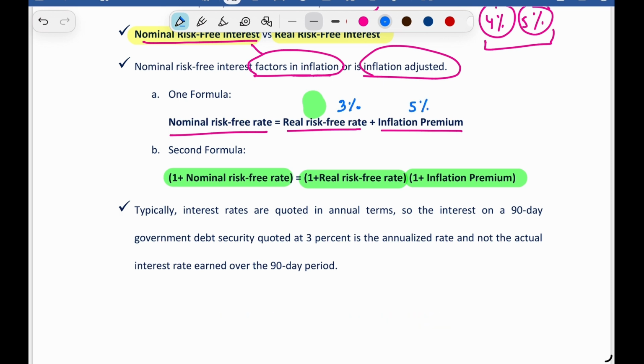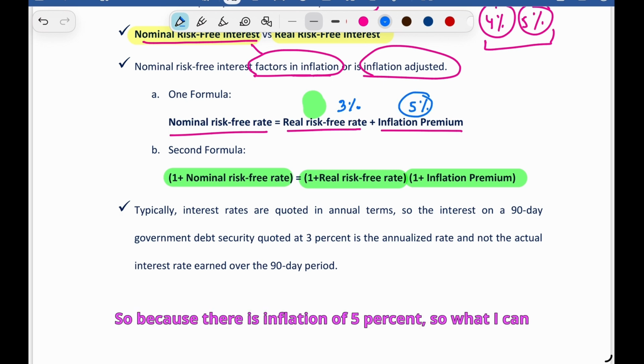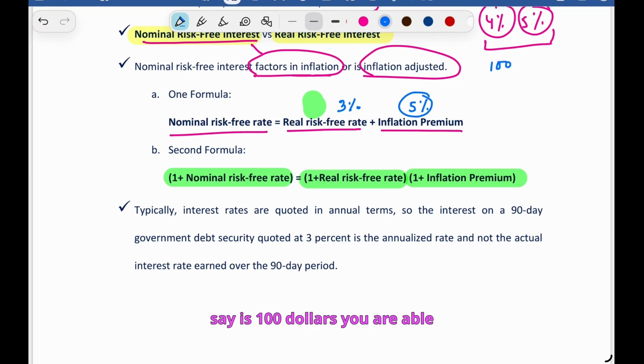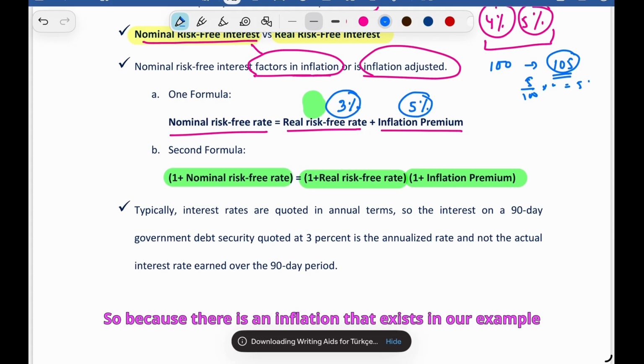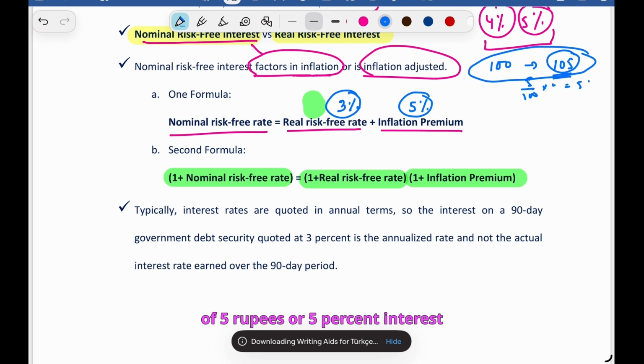Because there is inflation of 5%, with $100 you're able to buy a chocolate, but because of inflation, the chocolate price after a year will be 105. This is because of inflation, and as you can see, it has increased by 5. So 5 divided by 100 is the inflation rate, 5%. Because this inflation exists, when we account for it, the interest rate which you will ultimately be charging is 8%.